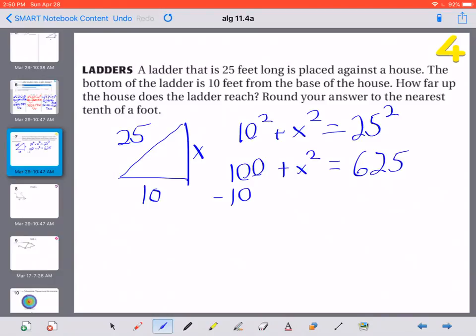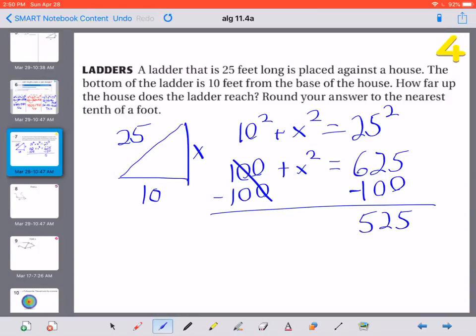I'm going to subtract 100 so I can get x by itself, which gives me 525. Last thing I need to do, square root of both of them. If I find the square root of 525, I get x equals 22.91. So it's about 22.91 feet on the side of the house.